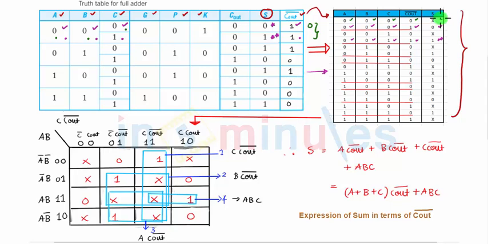Similarly, when A is 0, B is 0, Cin is 1, again there is no case where Cout bar is equal to 0. So again that becomes a don't care. Approximately half of the cases you will find from the truth table on your left, and the remaining half would be don't care. So you can make a corresponding truth table like this.